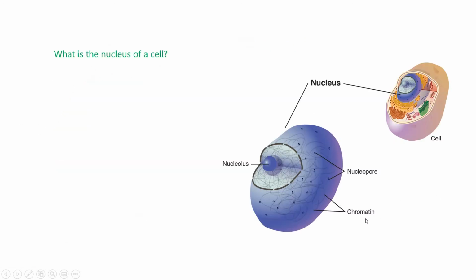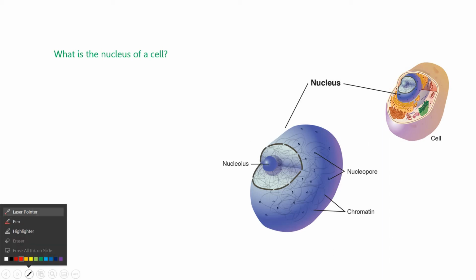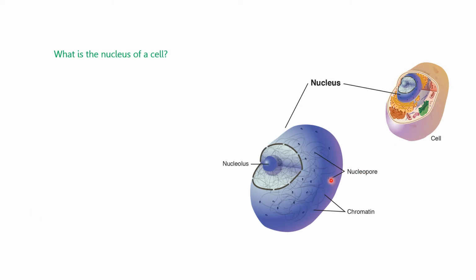Okay, so the nucleus of a cell, which is the first organelle we're going to discuss, is this one. Say for instance, that's a cell, then we'll be taking its nucleus, and the nucleus is enclosed in a nuclear membrane. The other parts of this organelle are the following. Meron siyang nucleopore. Actually, since dalawa yan, nucleopores.